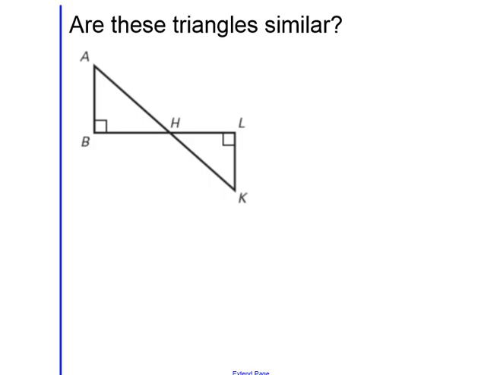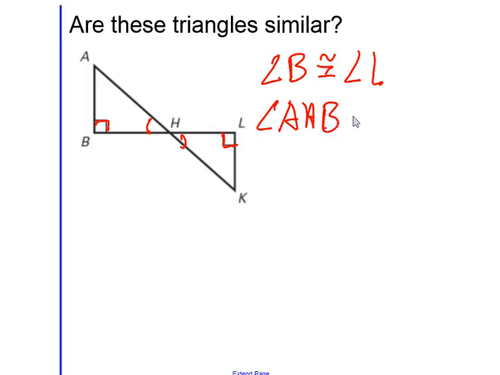The first thing I notice is I have right angles, so I know that angle B is congruent to angle L. We also have vertical angles, so angle AHB is congruent to angle LHK.